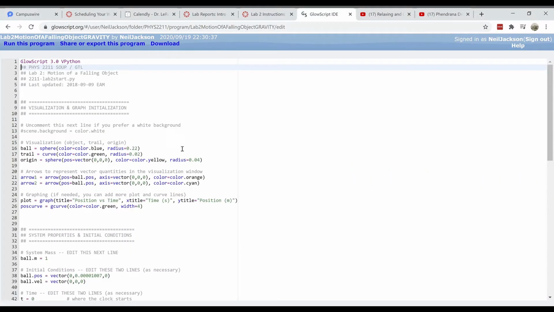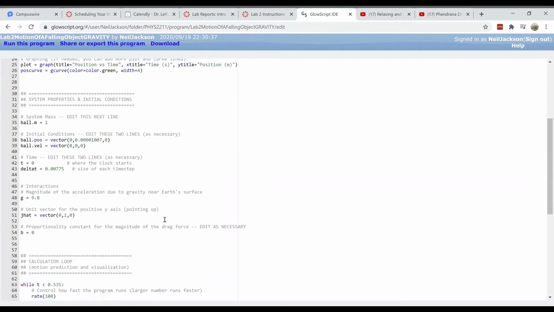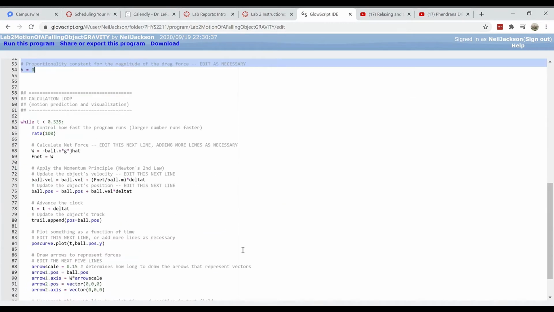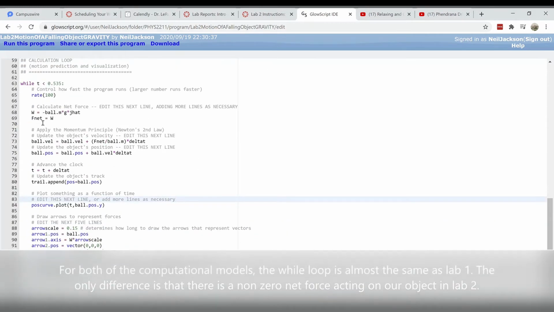This is my code and model for my mac and cheese falling under the force of gravity only. I inserted my initial conditions through here, and then in the while loop I made sure that F-net was equal to the weight force, which is equal to the ball's mass times gravity times j hat times -1.